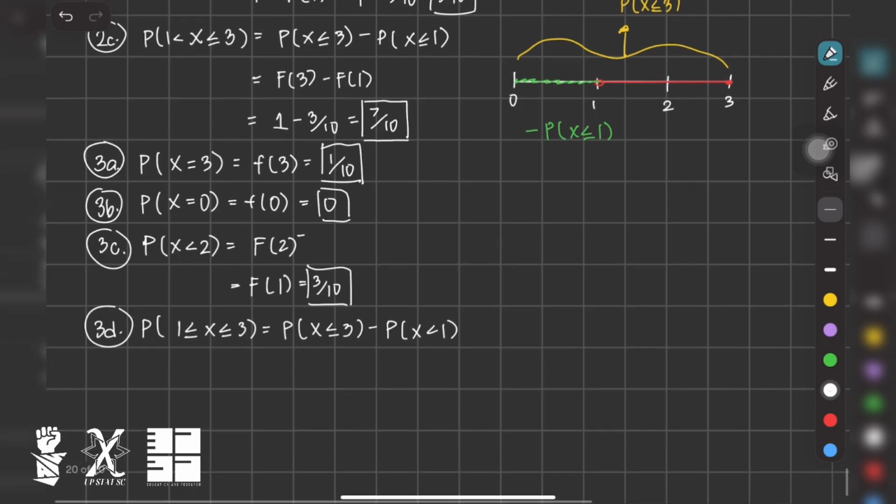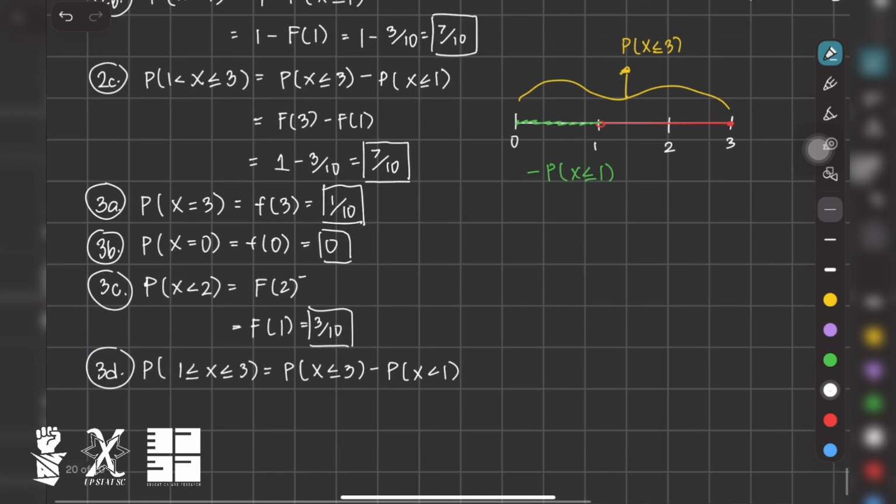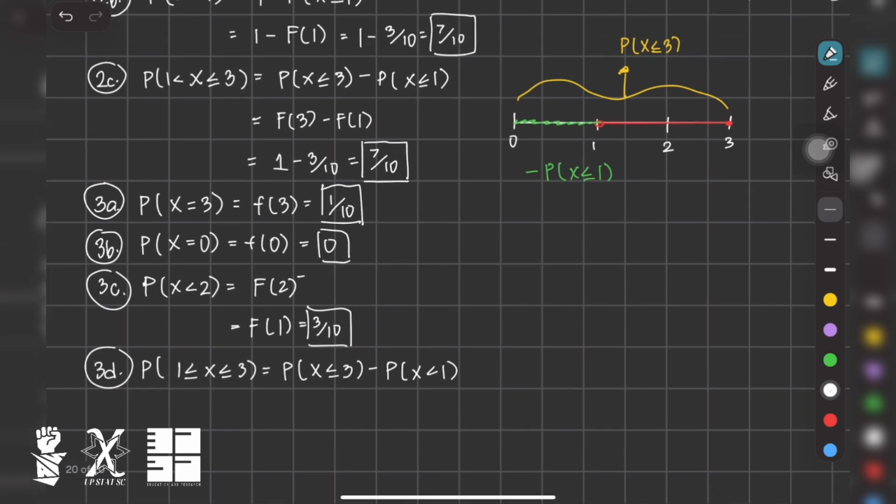Again, if we use this concept from right here, we're still using the concept where X is at most three. So we can still use this part because it takes the whole probability from 0 to 3.